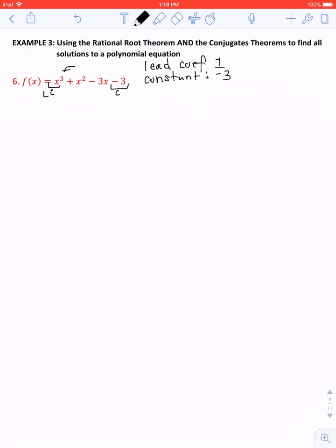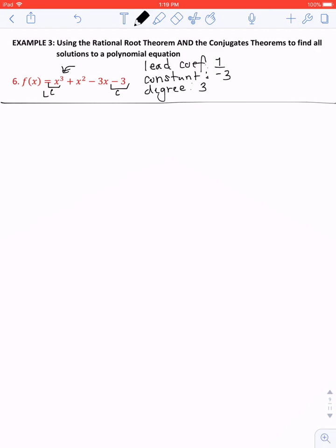And your degree, which is also 3 in this case. So we know that we are looking for 3 solutions or 3 zeros, which will make 3 factors, and they will be based off of a lead coefficient of 1 and a constant of -3.